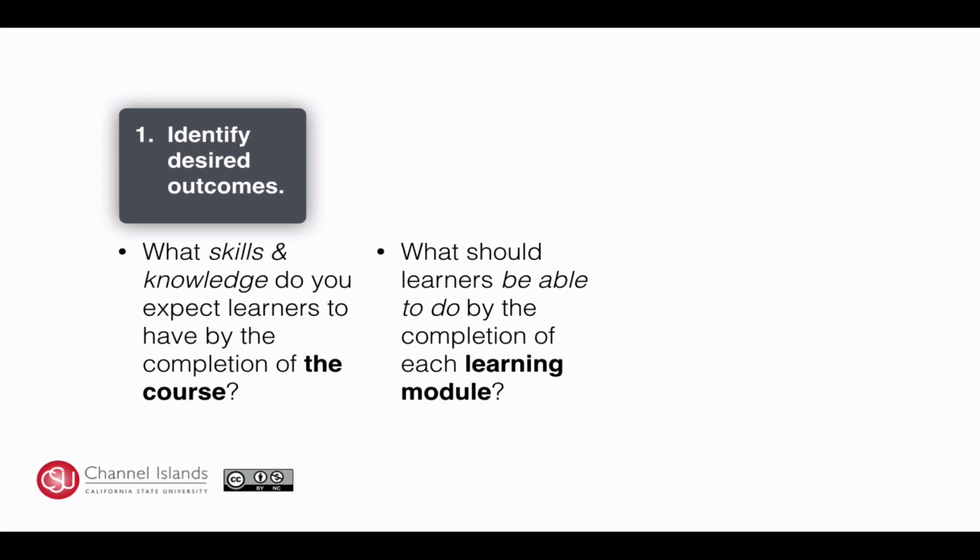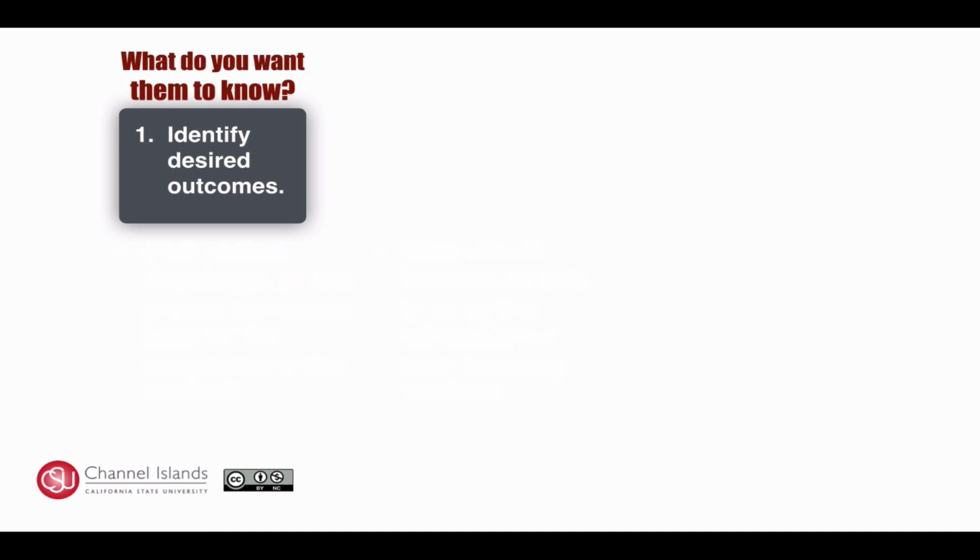Each of those modules will include clear, measurable learning objectives that communicate to students what they're expected to be able to do by the time they complete that module. The module objectives are aligned to support the overarching course skills and knowledge or course outcomes that you've already identified. In step 1, what you're really doing is identifying what you want your students to know.